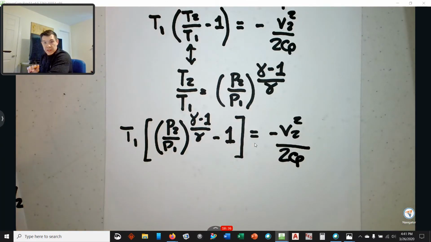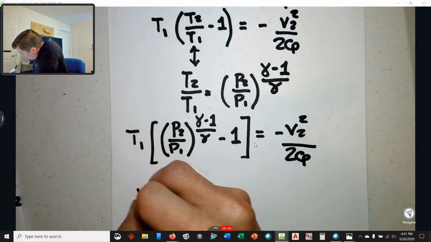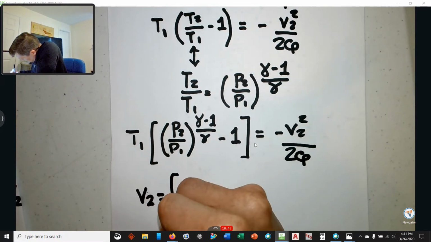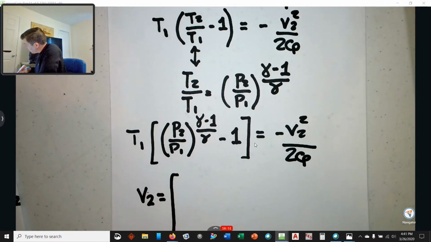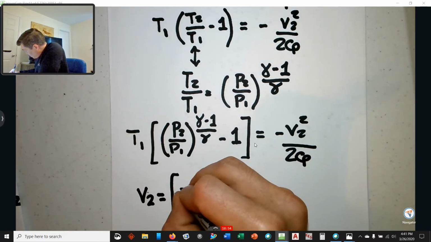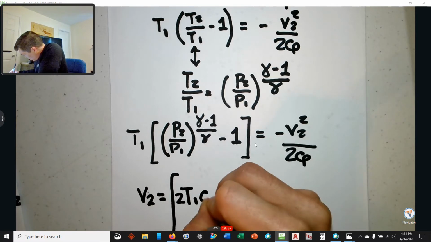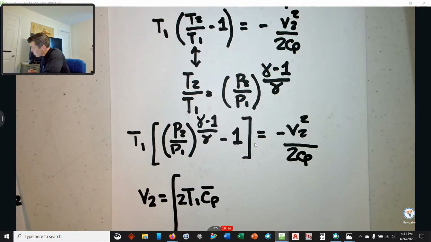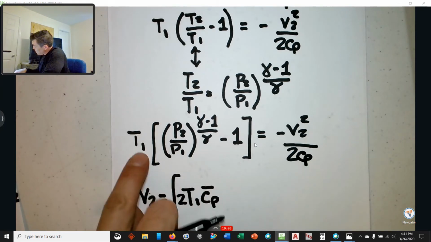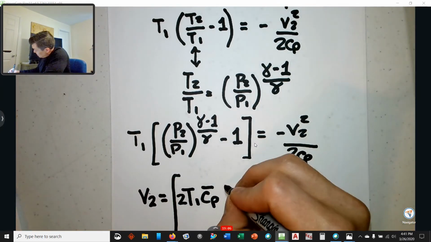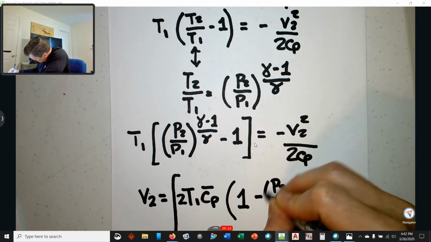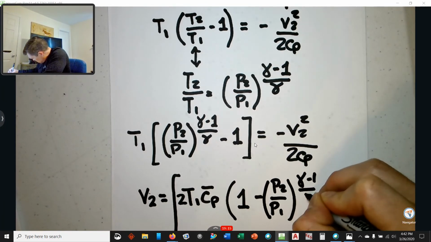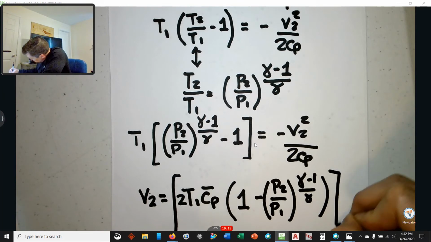And we can solve this for V2. So T1 over 2CP, that is T1 times 2CP, right? 2T1 times CP, and we can write it like this.